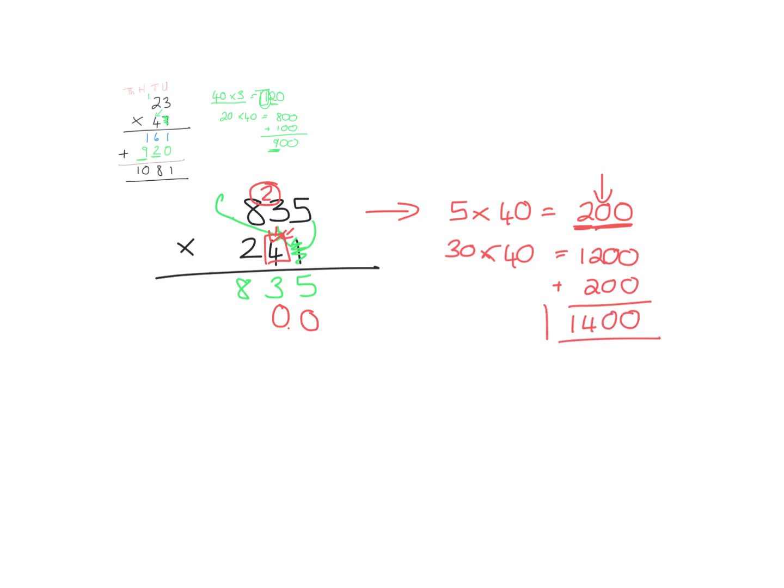So we say 3 times 4 is 12, plus the 2 is 14, the 4 goes there, the 1 goes there. 8 times 4 is 32, plus 1 is 33. Now we're going to the next digit, that's the 200, and therefore we have to place 2 placeholders.